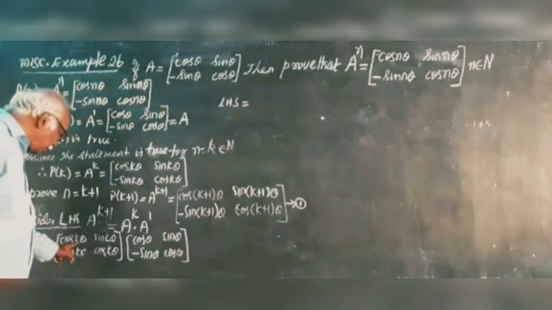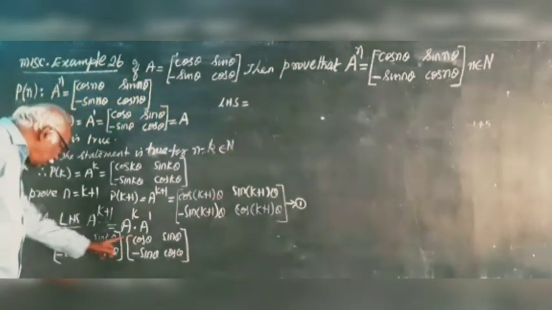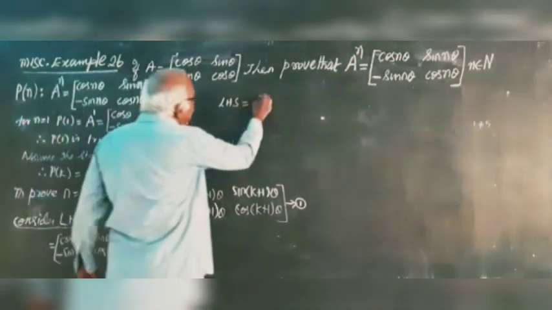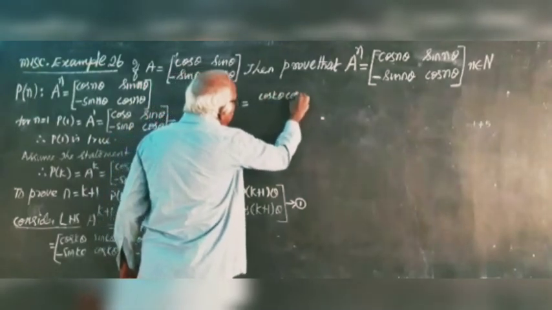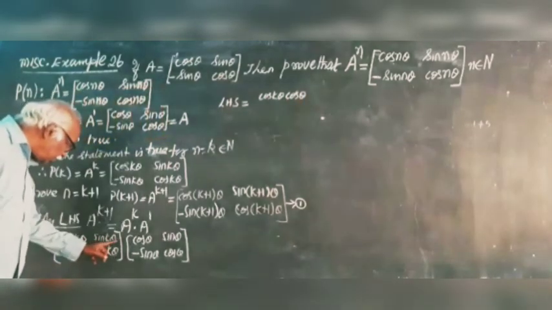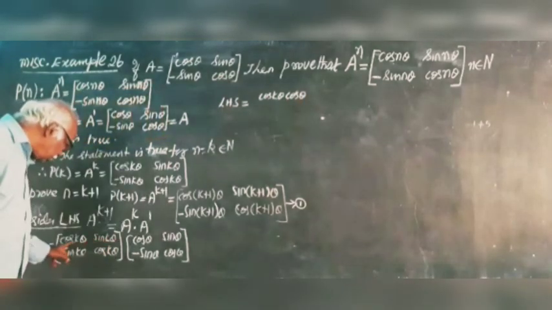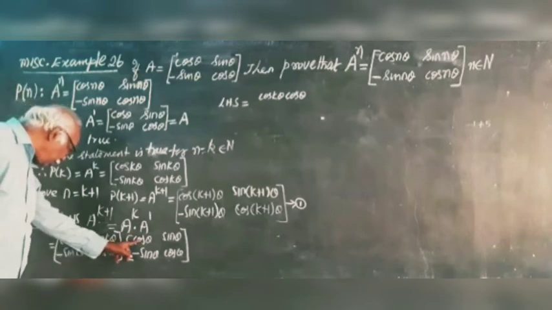LHS is equal to cos k theta into cos theta, sin k theta into cos theta.